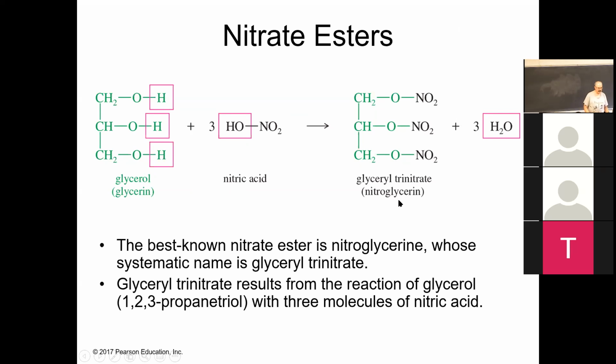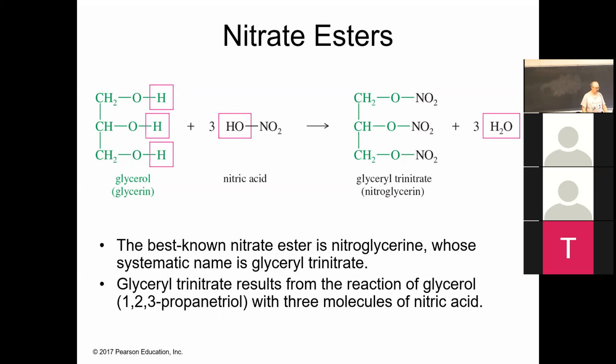One irony of the story was that Alfred Nobel was having heart problems, and it was recently discovered that nitroglycerin could be used to treat heart attacks.